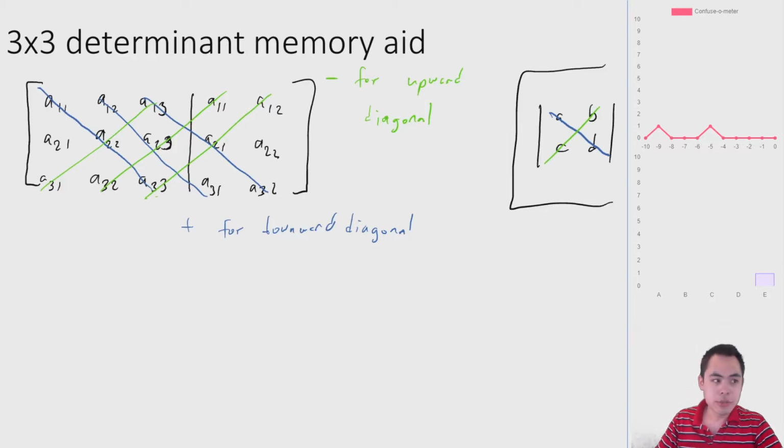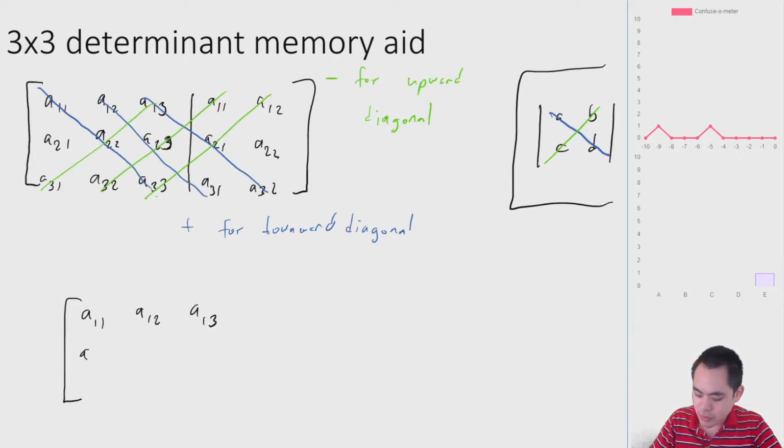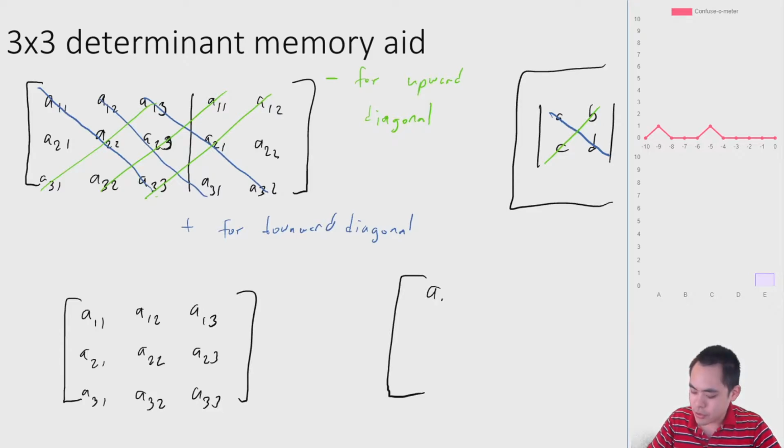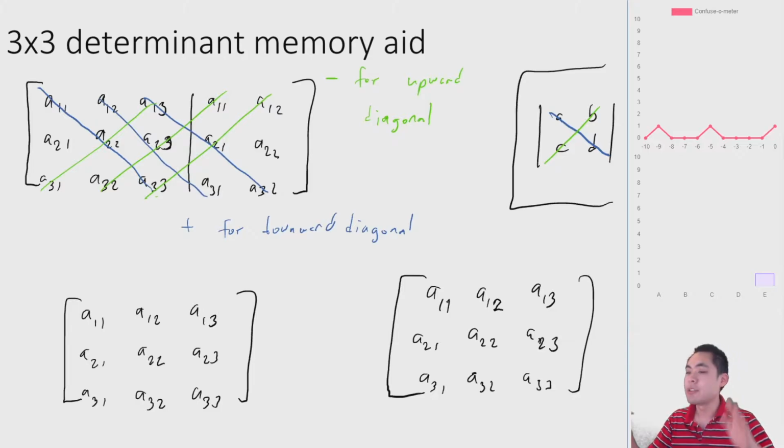You can also remember this by looking at A11, A12, A13, A21, A22, A23, A31, A32, A33: even without drawing the augmented matrix, you can sort of see this go on, because you're basically taking all diagonals, including wrapping around.